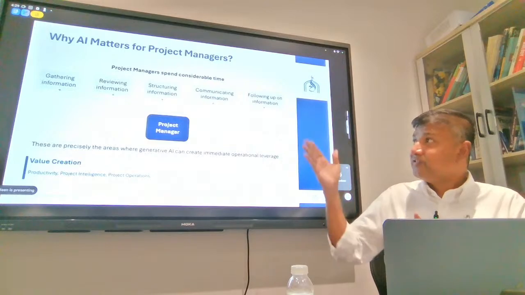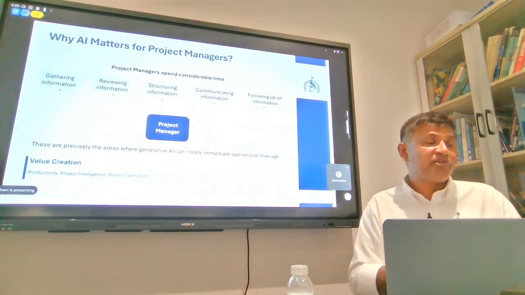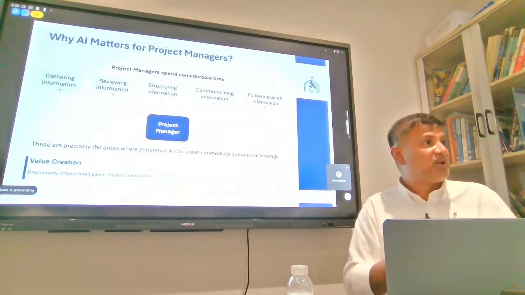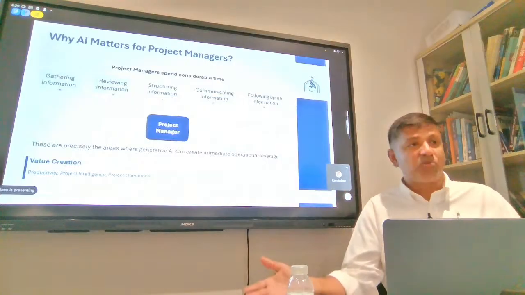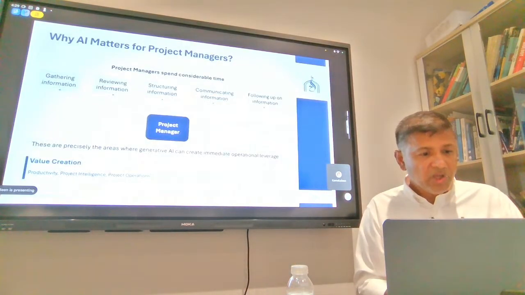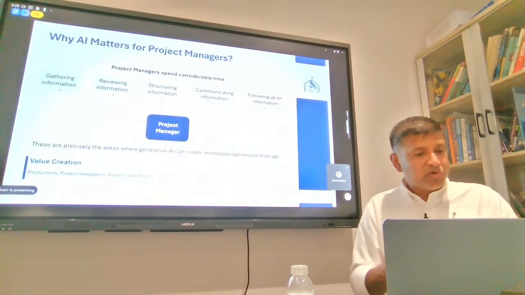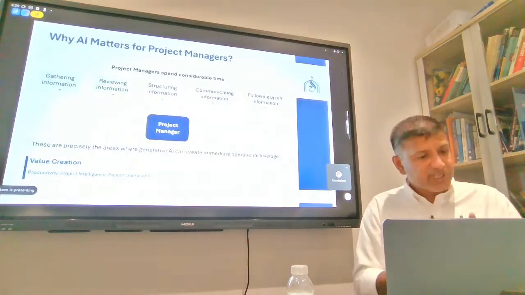That's what gathering, reviewing, and structuring the information means, because the information is spread across many places, through meetings, through stakeholder engagements, through the project documents. So how are you structuring all this information? At the end, we are going to use AI for productivity, for project intelligence.